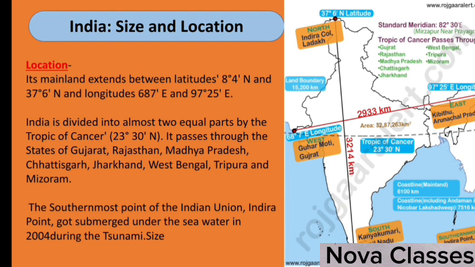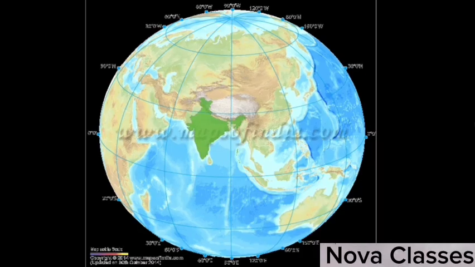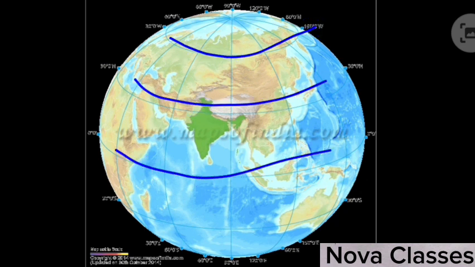Let us discuss the latitudinal and longitudinal extent. Dear students, you can see horizontal lines on the globe. Can you tell me what those horizontal lines are known as?